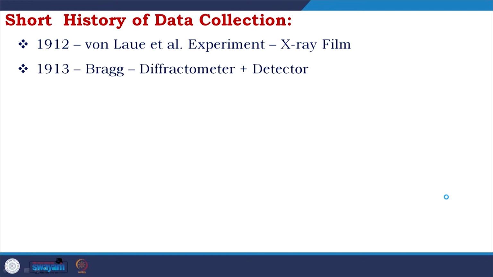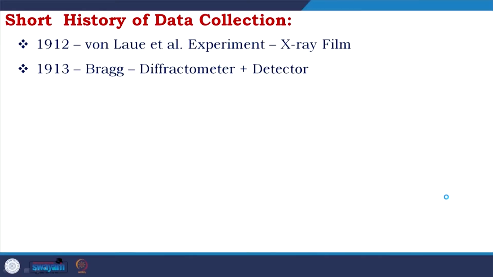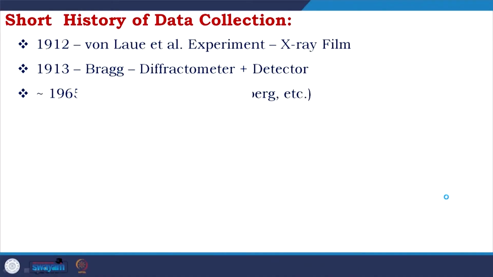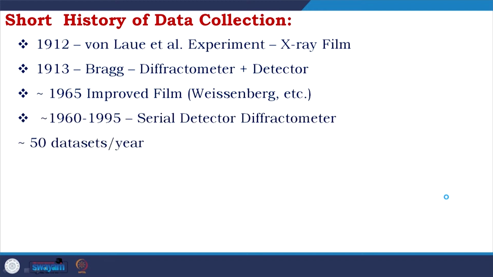In 1913, Bragg started, they are father and son, as we talked about, they worked for a long time, they developed the diffractometer, they developed the detector, they could be considered as the father of X-ray crystallography in that way, contributed a lot. In 1965, there was improved film, mostly contributed through Weissenberg, but there are many other contributors as well.